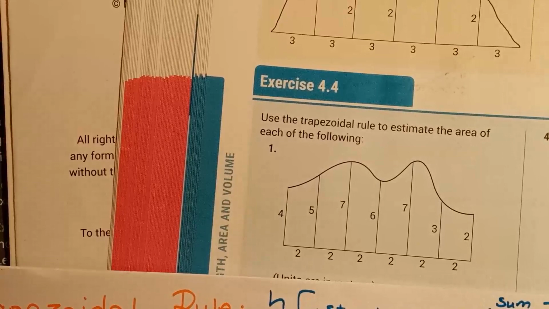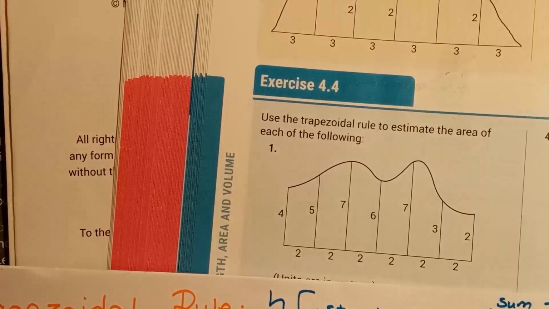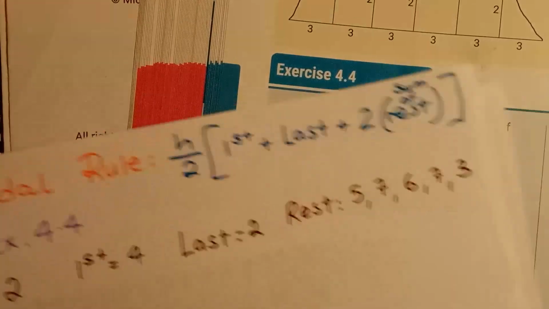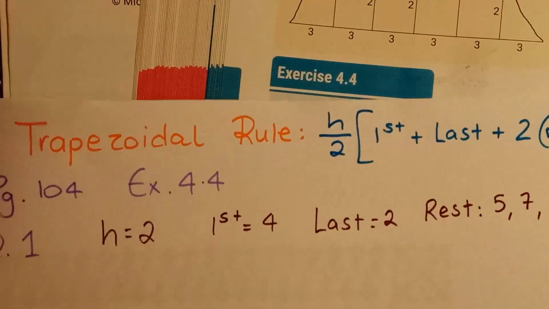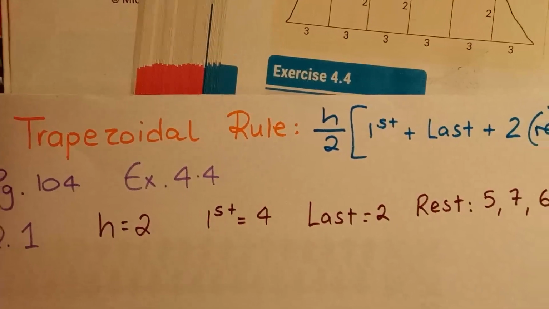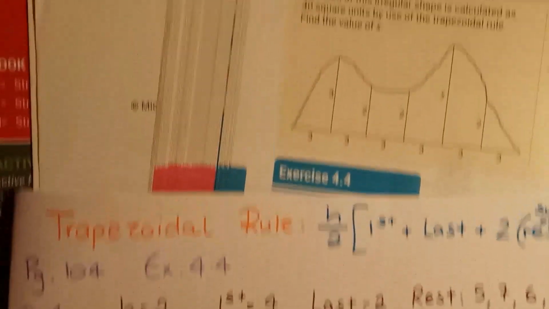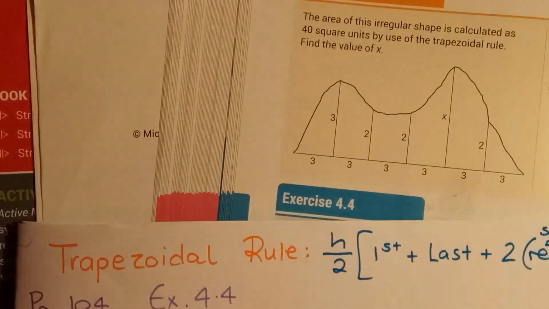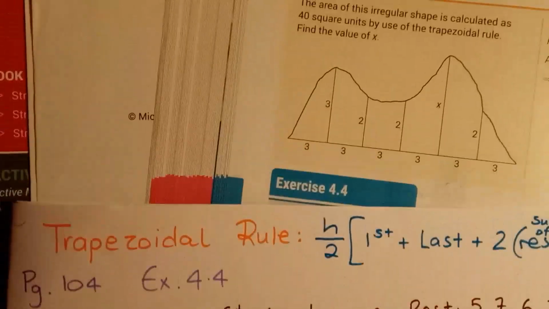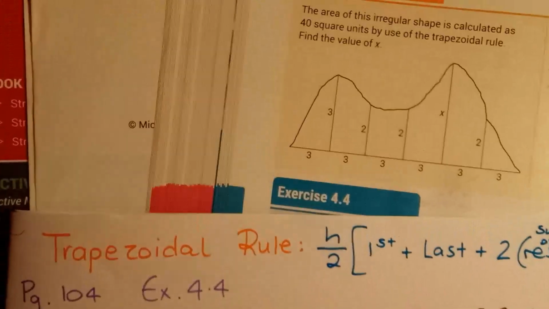So in this case, 5, 7, 6, 7, 3. Okay, so they're the rest. So I'm literally going to just fill in the formula now. Sorry, I've scuttled the camera when I walloped it a while ago.